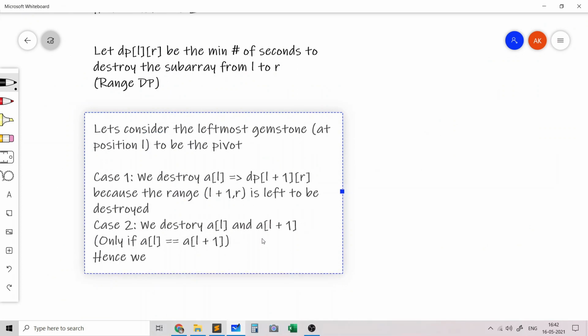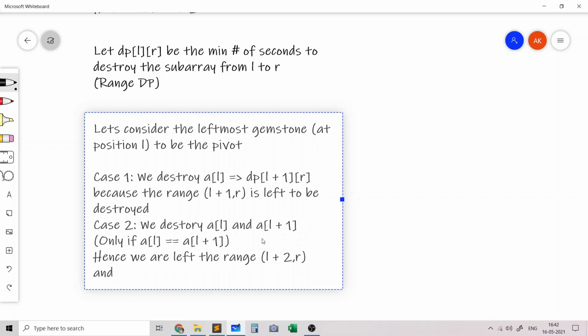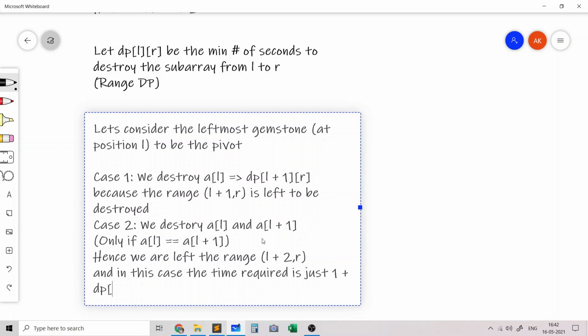Hence we are left with the range L plus 2 to R, and in this case the time required is just 1 plus DP of L plus 2 to R, and this is because we take 1 second to destroy A L and A L plus 1.